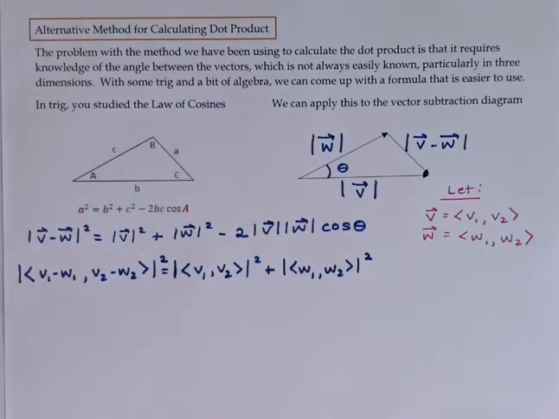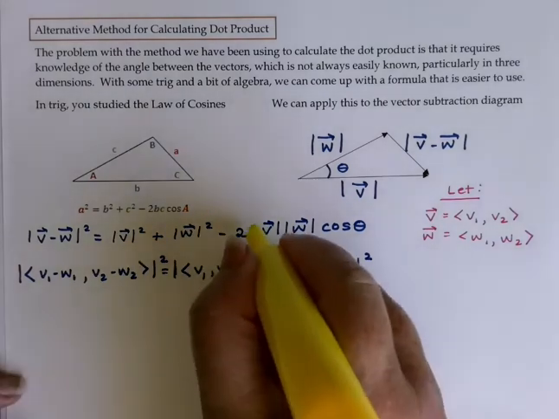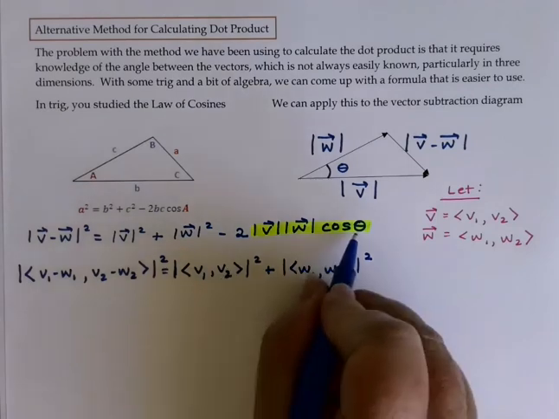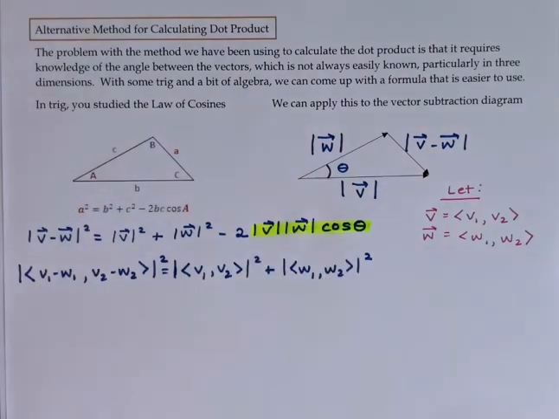and this last statement, let's take a good look at that. Do you recognize this? That's just our definition of the dot product, right? So I could actually rewrite that as negative 2 times the dot product of v and w.